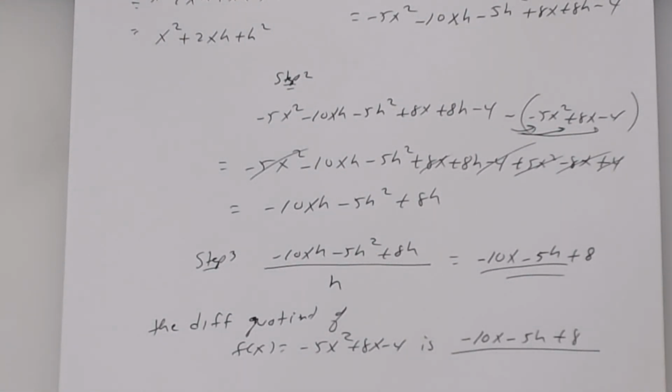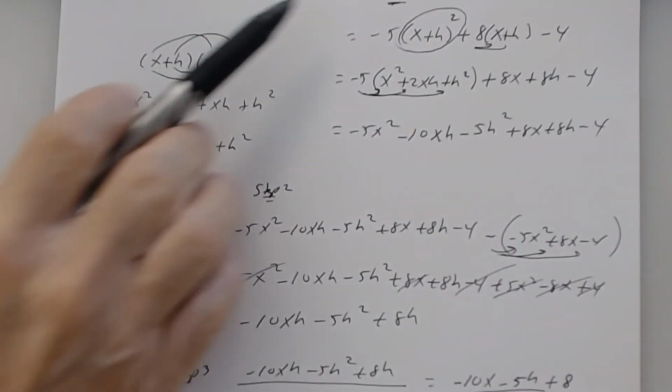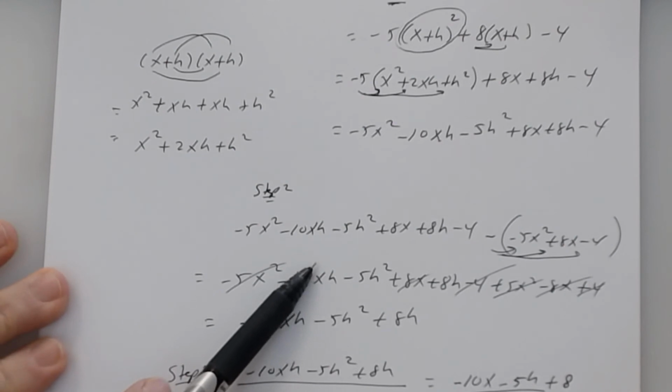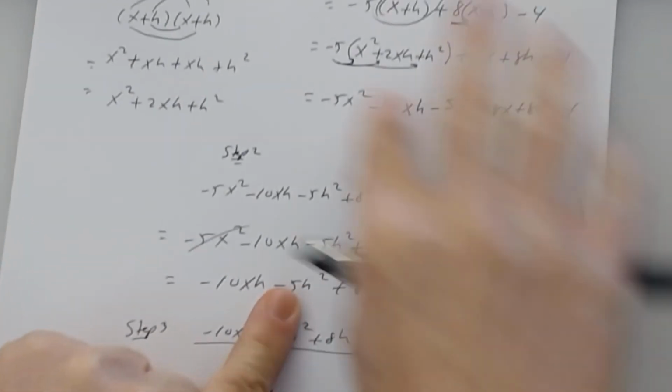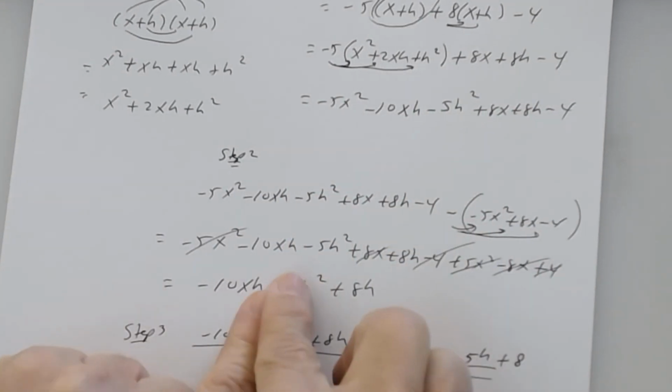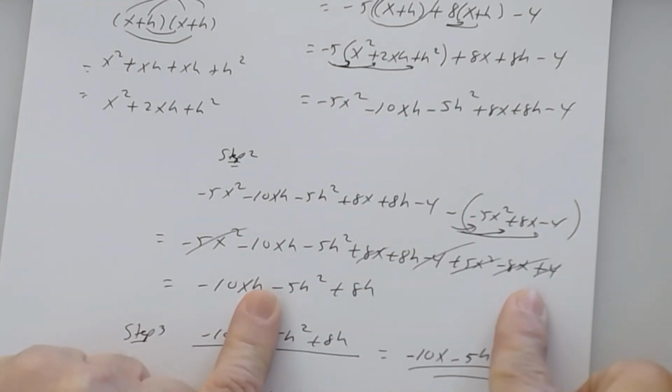So the one in your test, and they sometimes have this on the final, will be quadratic. So notice how much work there is, and you can easily mess up along the way, right? But you can always check yourself at this point. At this point, if you did everything correctly, anything that didn't have an h in it better cancel out.